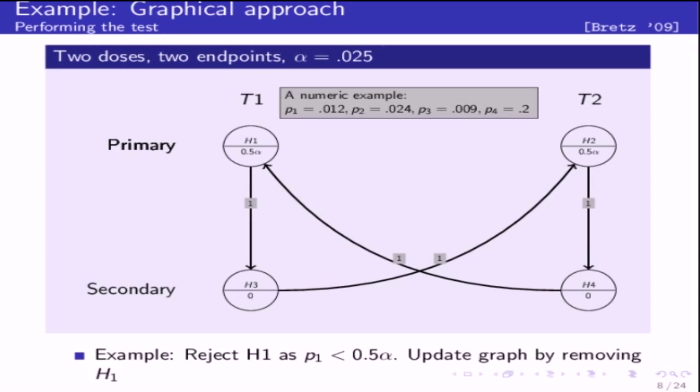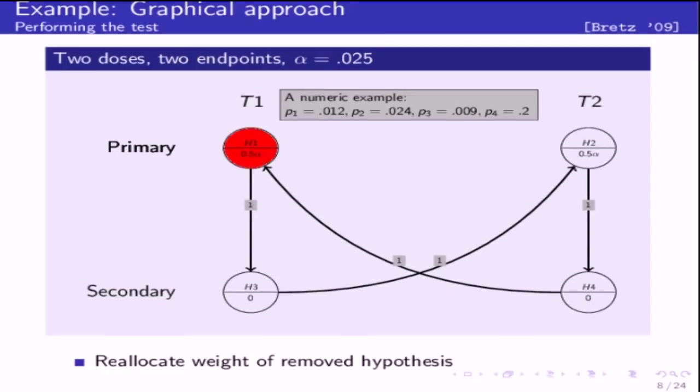And now, how do we know which null hypothesis can be rejected? Simply we look if one of these p-values falls below its level, and we can see P1 is below alpha over 2, so we can reject already H1. This is now indicated by the red color.